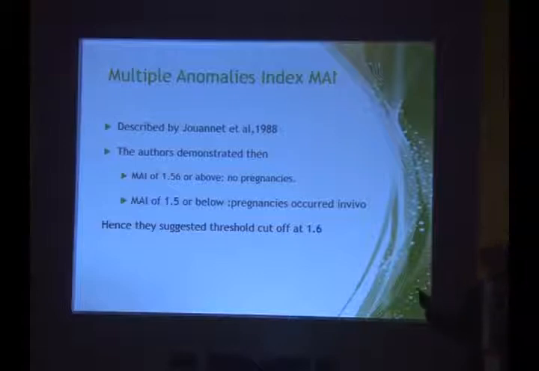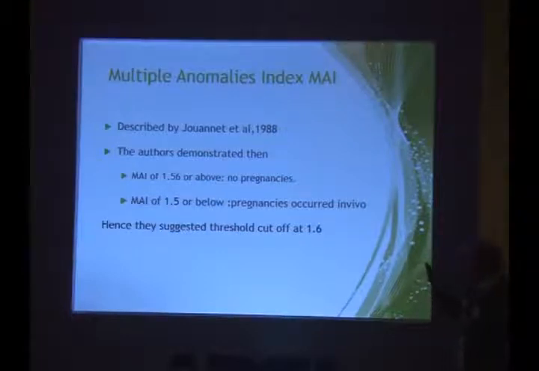There was no mention of multiple anomaly index in the WHO manual. But then the next WHO manual introduced the same under the heading Teratozoospermia index. But what they did, instead of 3 abnormalities, they said the cytoplasmic droplet also should be counted as an abnormality. So the score can be 4 in the Teratozoospermia index in the WHO manual.